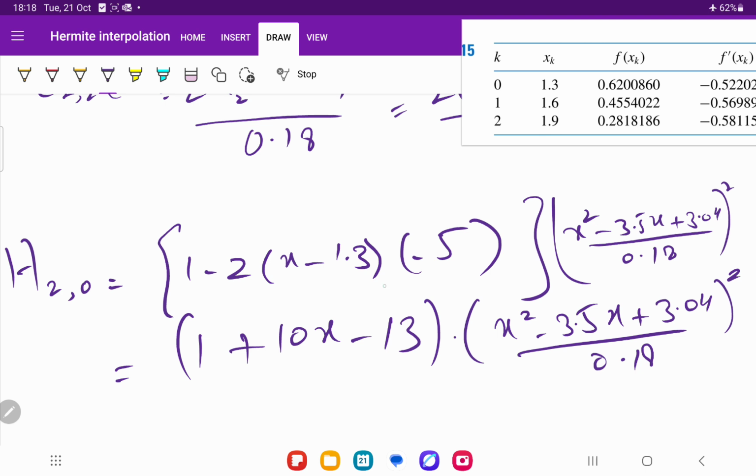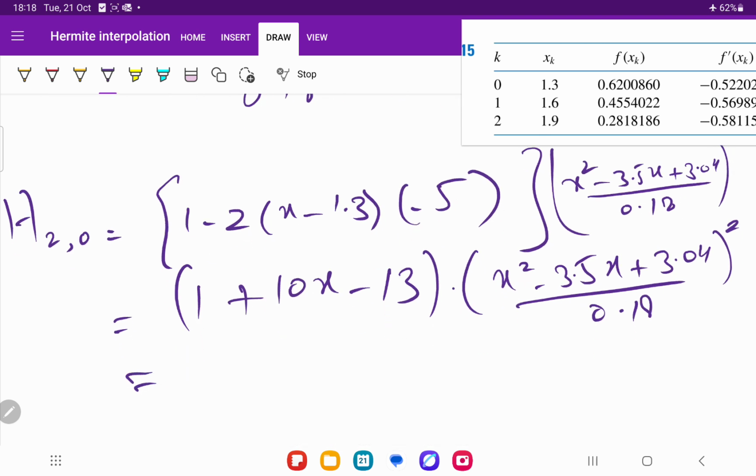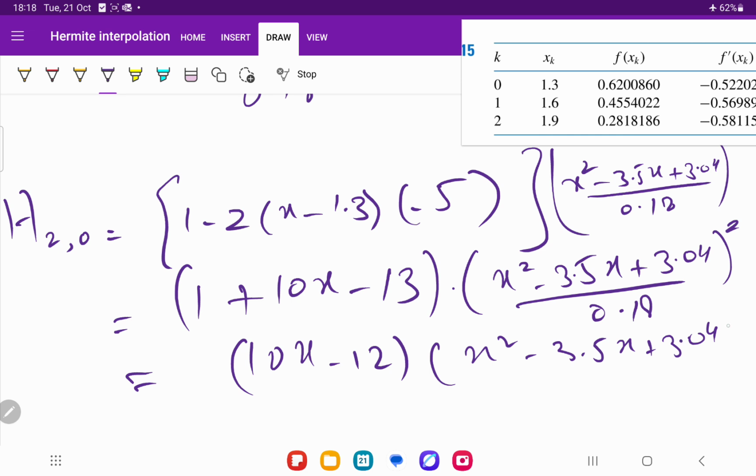You just need to solve and we'll finally get 10x minus 12 and x square minus 3.5x plus 3.04 divided by 0.18 whole square.